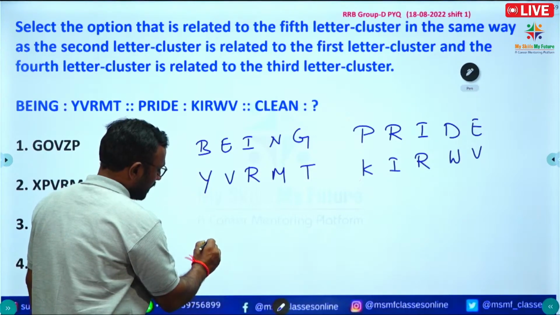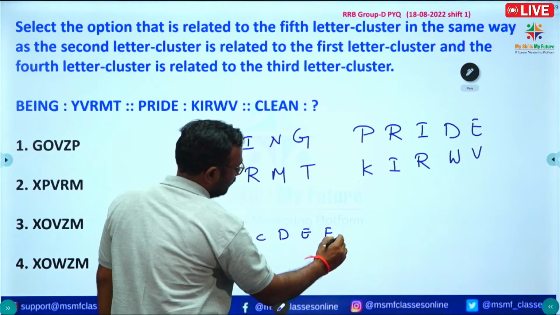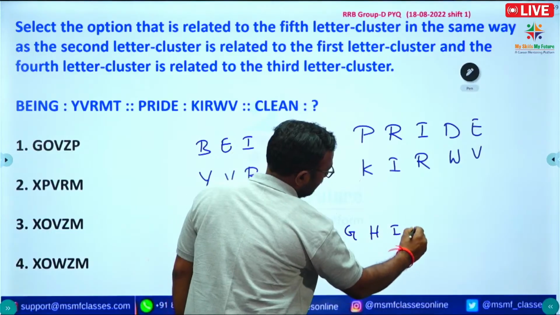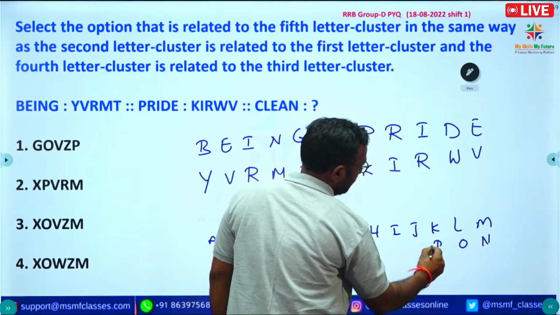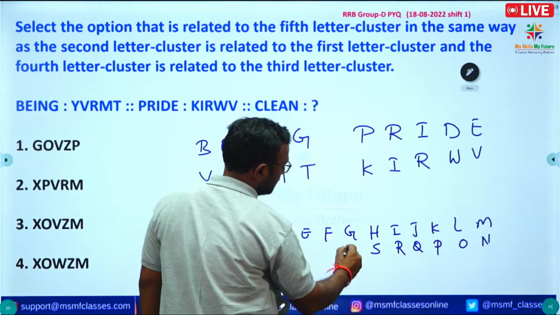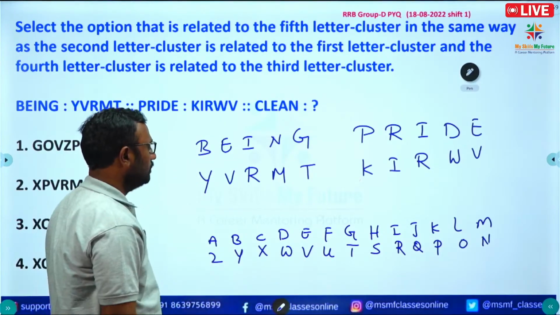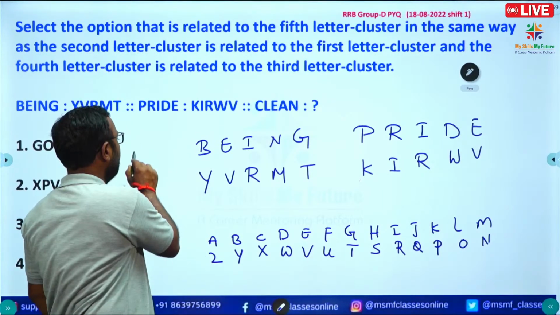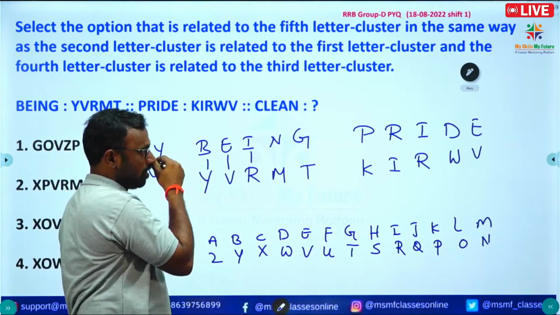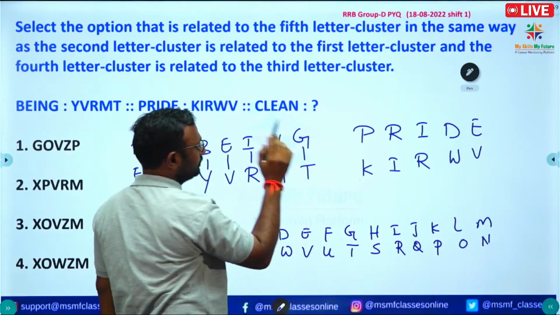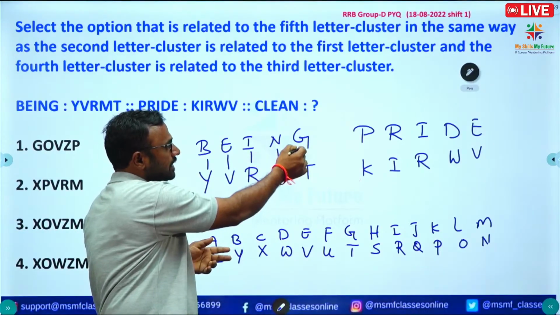So here we write A, B, C, D, E, F, G, H, I, J, K, L, M, N, O, P, Q, R, S, T, U, V, W, X, Y, Z. See that B, Y are opposites, E, V are opposites, I, R are opposite, M, N are opposite, G, T. So we have some codes: boy, evening, Indian Railway, MN, GT Road.